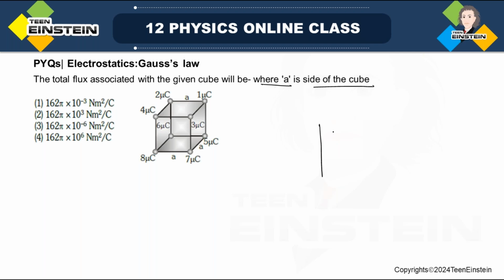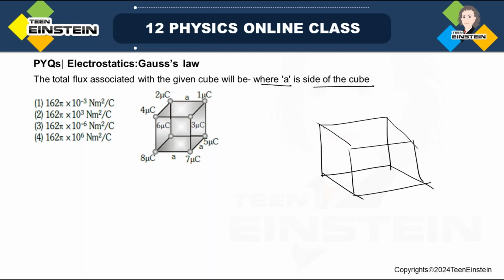So as we know, when we have a charge at any corner, so if this is charge Q, then it is shared by 8 cubes in the space. So it will be shared equally by 8 cubes.